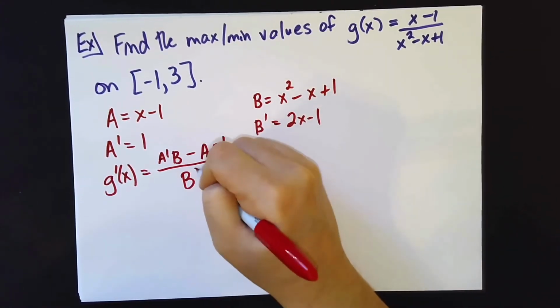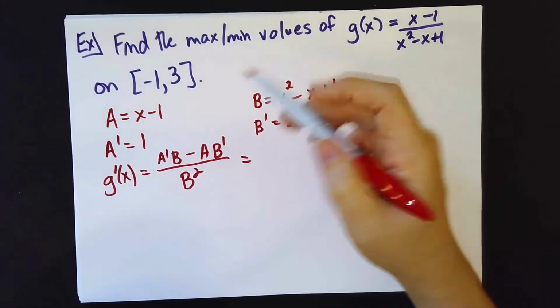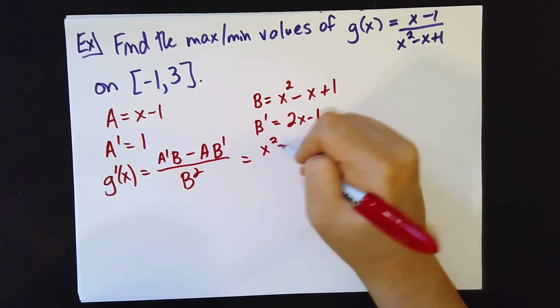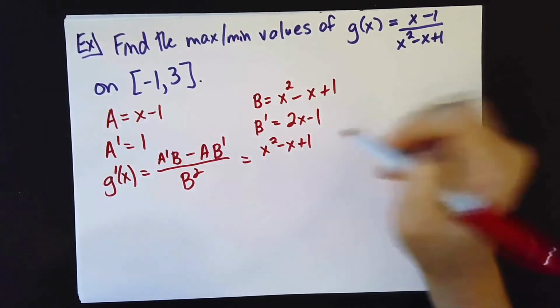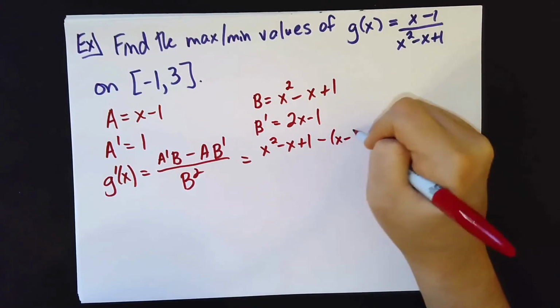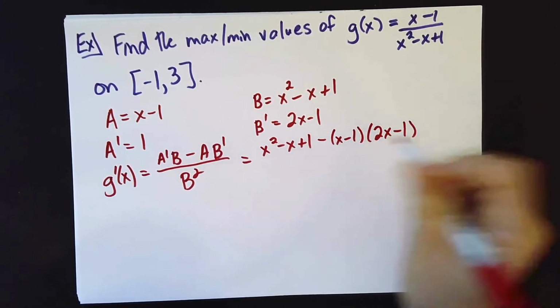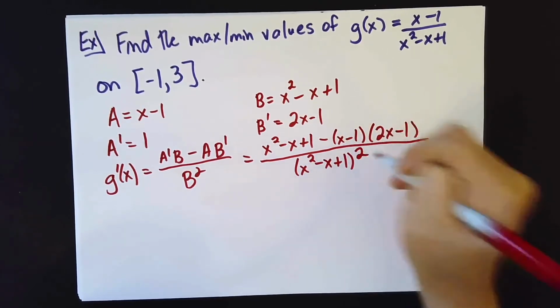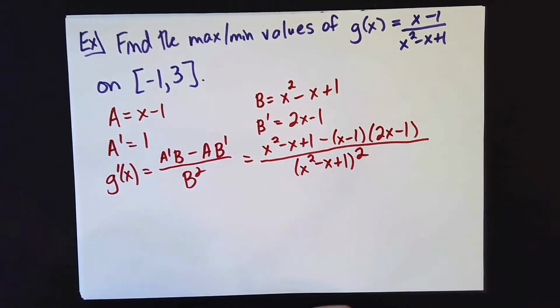all over b squared. So filling that in, that is going to be 1 times b, so x squared minus x plus 1, minus a times b prime. And what I need to know is when this is equal to 0.